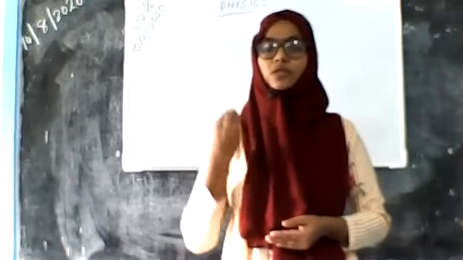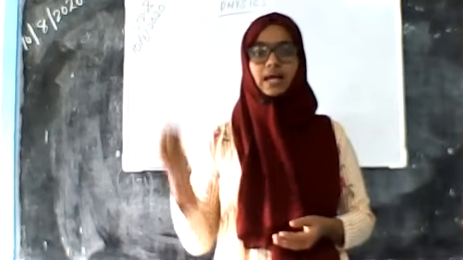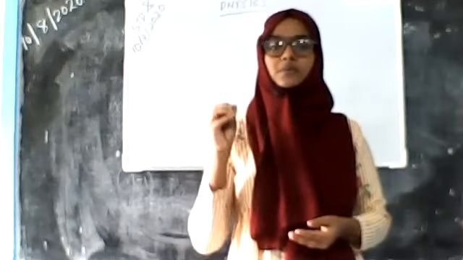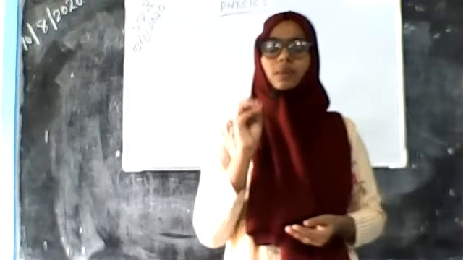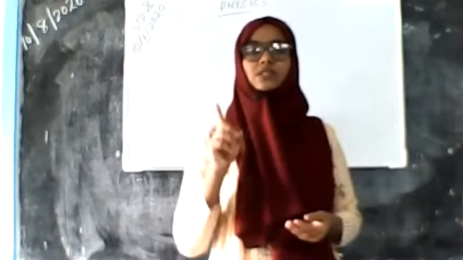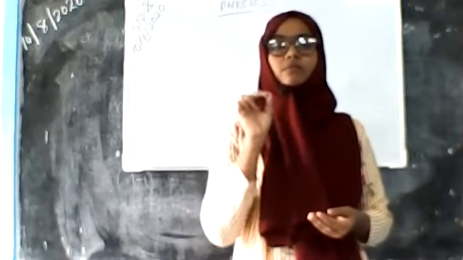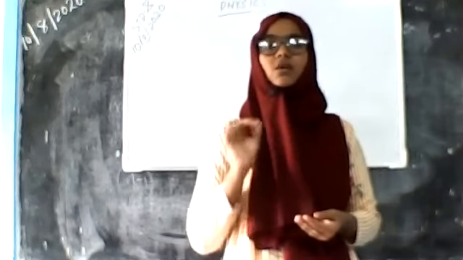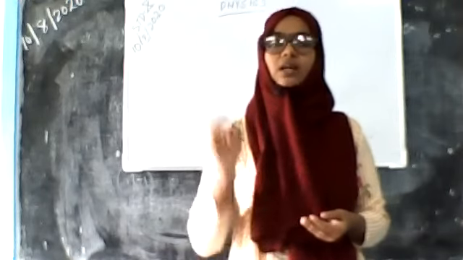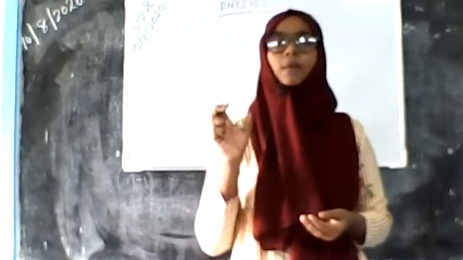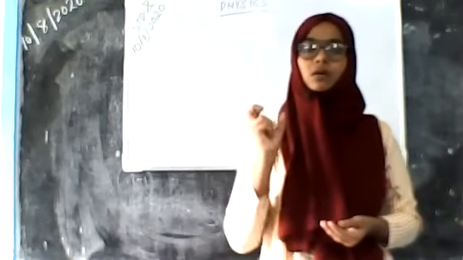First, we take the weight of the substance in air and the weight of the substance in water, and subtract the two: the weight of the substance in air minus the weight of the substance in water. The answer, in Newtons, is the buoyancy force acting on the object immersed in the fluid.